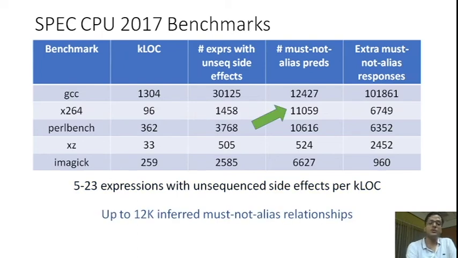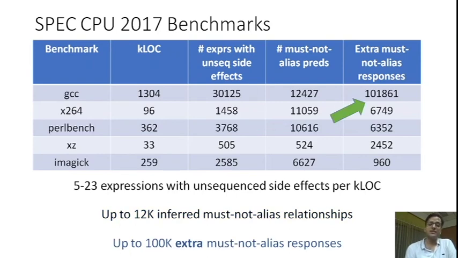OOElala was able to infer up to 12,000 must-not-alias relationships in these programs. And this resulted in up to 100,000 extra must-not-alias responses. Notice that without OOElala support, these 100,000 responses would have been decided as may alias responses.